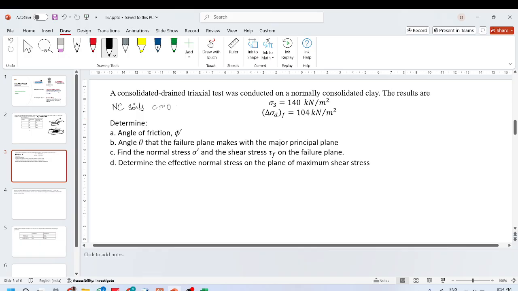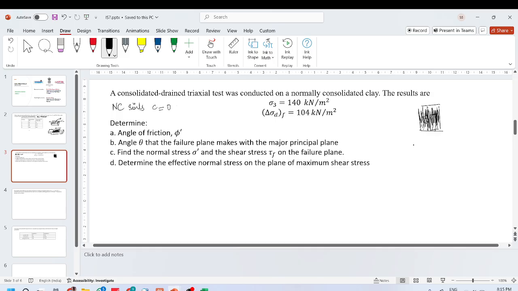Okay. So what is cohesion? Cohesion is the ability of the material to stick to itself. It is the affinity of the particles of a material within itself.